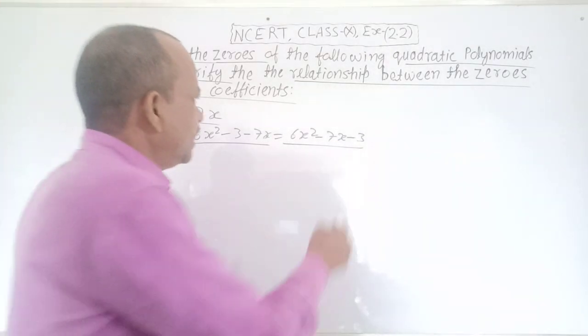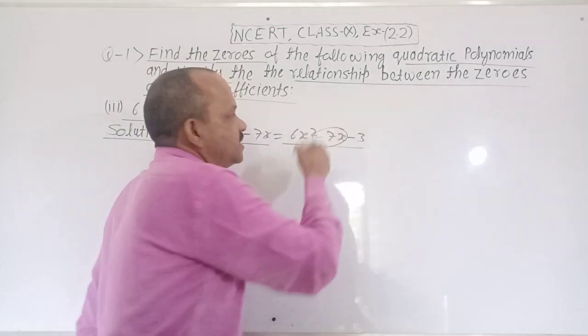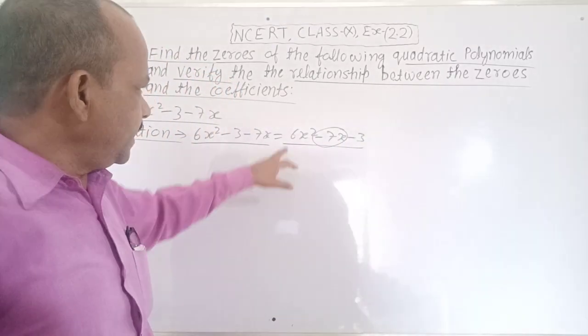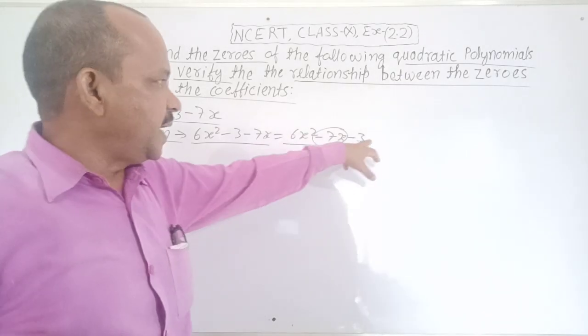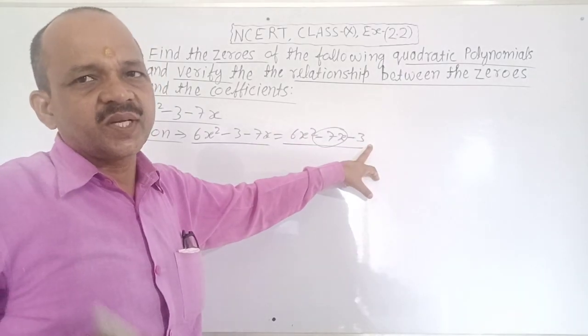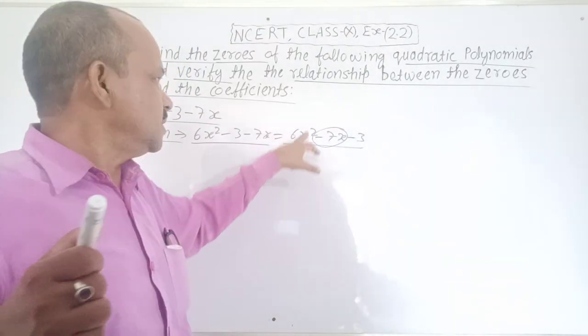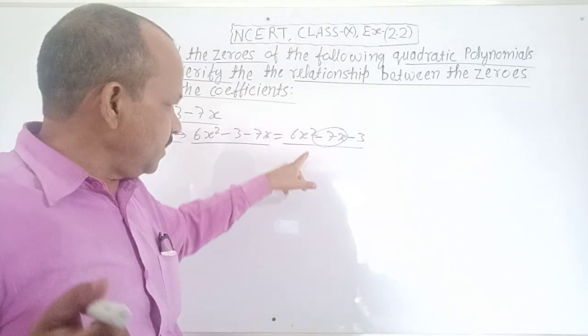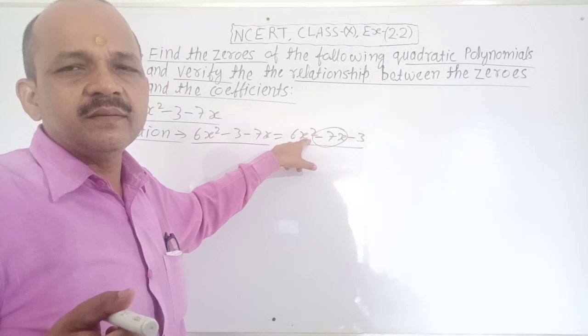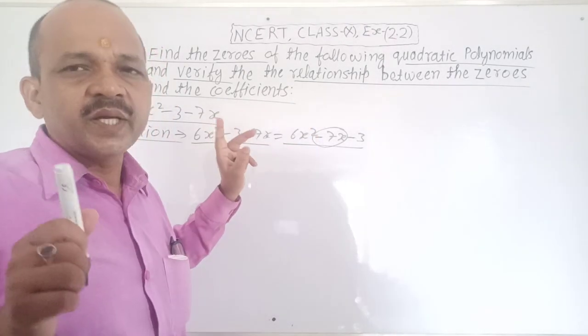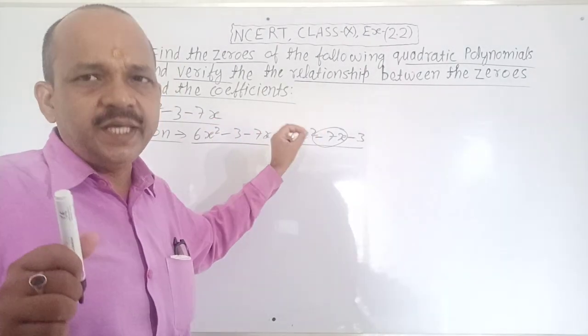Very good. Here minus 7x is the middle term, and here 6 and here 3. Clear? Degree of polynomial is 2 because maximum power of variable is 2. It means degree of polynomial is 2.